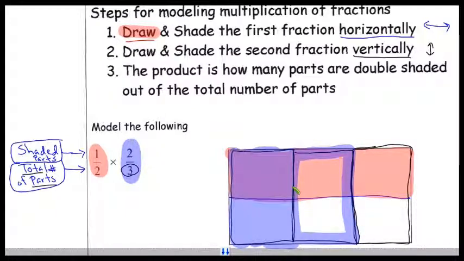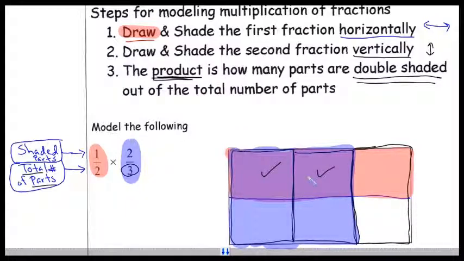Okay, and the product, in other words the answer to the multiplication, is how many parts are double shaded. So let's look at how many parts were double shaded. We had two parts that were double shaded.